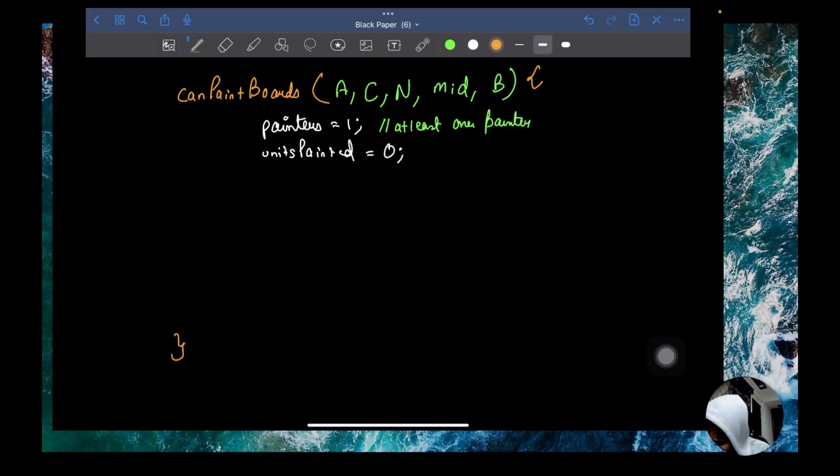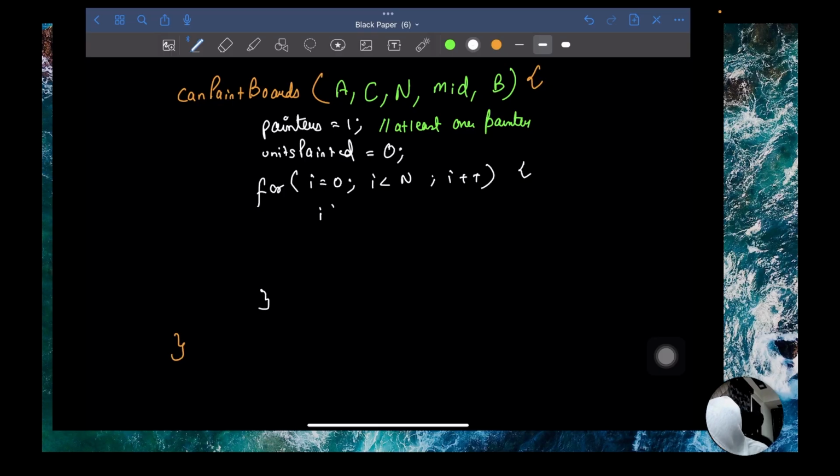Then let's put a for loop: for i equals 0, i less than n, i plus plus. We'll go to every board one by one.